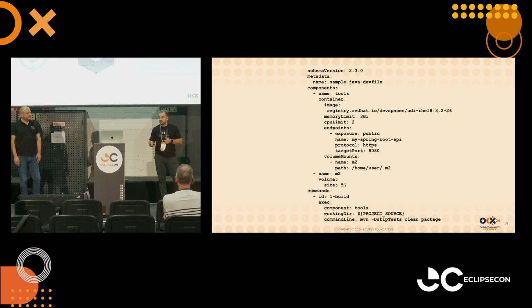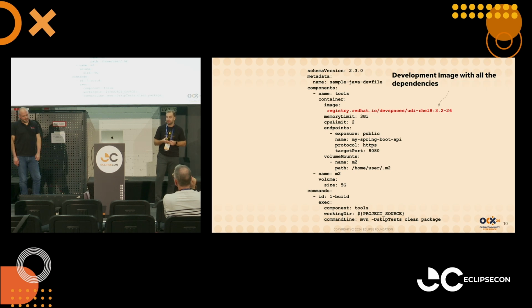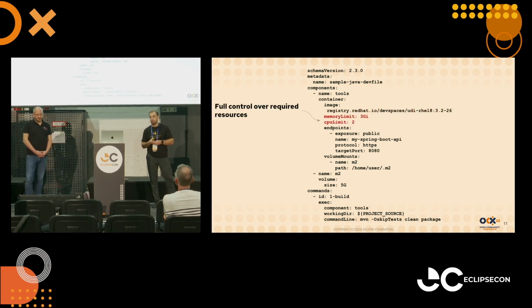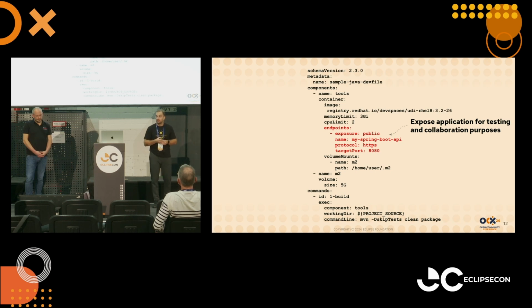So let's take a quick look at how it looks like. So it's pretty simple devfile. So first of all, we specify the image, so development image with all the dependencies needed for your development. You have full control over required resources like memory limits, CPU limits, GPU limits. You can provide endpoints to expose application for testing and collaboration.